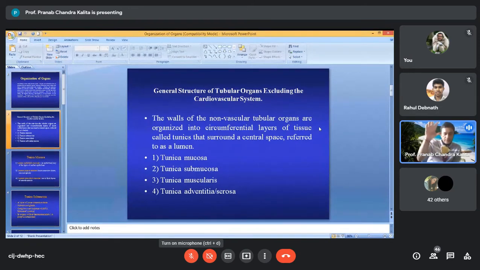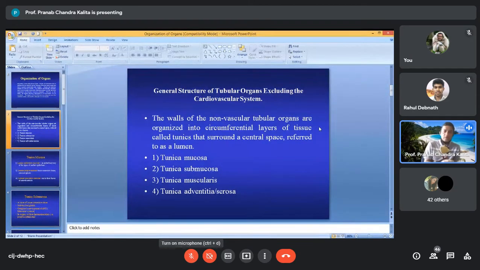Otherwise, in all the tubular organs, you will find this general pattern, though there may be certain variation in some organs. Tubular organs of the cardiovascular system have their own pattern, or own structure.